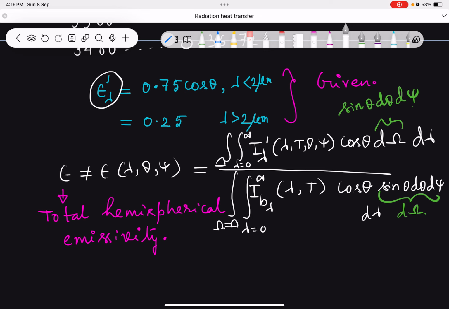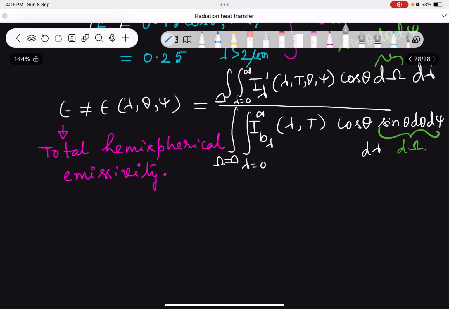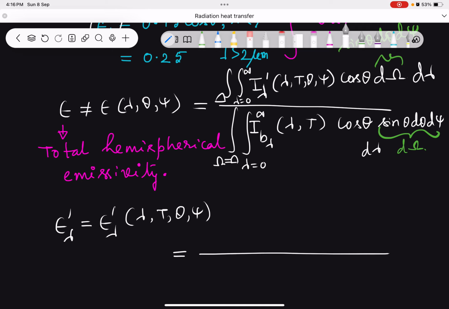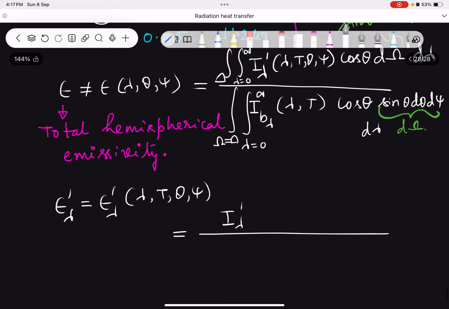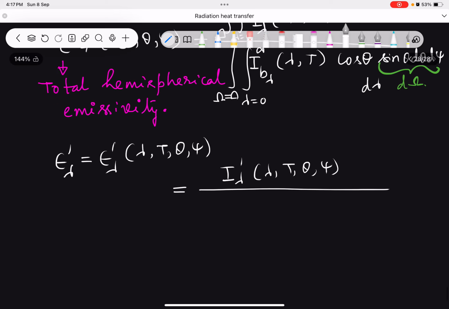See, now you go to the basic definition of spectral directional emissivity. It is a function of all the things: lambda, T, theta and psi. It is defined as the same thing, that is the energy emitted by a particular surface, but now we don't have to integrate, because it is spectral directional.